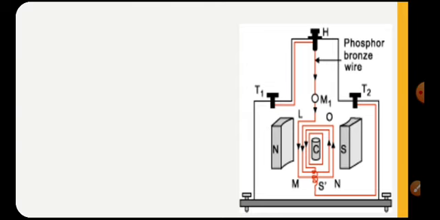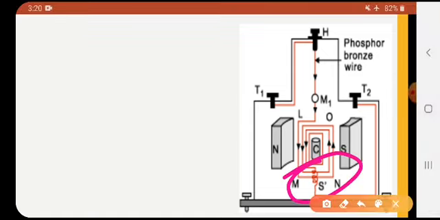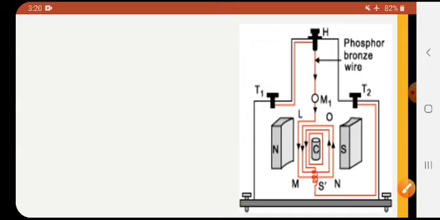The other end of the busbar branch wire coil is connected to a light spring, a small spring, and finally to terminal 2, and the torsion head is connected to terminal 1.